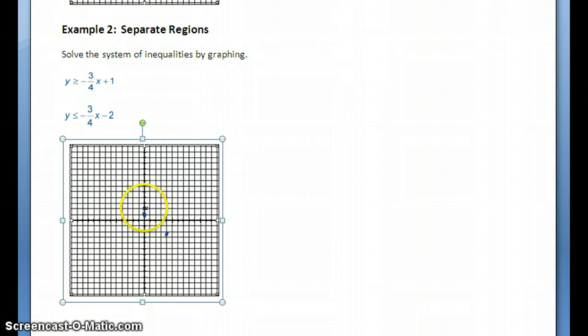And then I'm going to go up 3 and 1, 2, 3, 4. And then I'll probably do that again. Down 3 and over 4, and up 3 and back 4. And this line has got an equal sign right here. So I'm going to make a solid line.